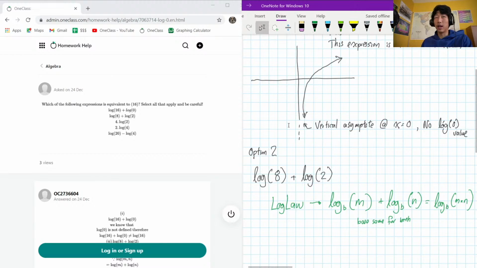So if we have two logs with the same base added together, you can take what's inside the logs and multiply them together, and that's perfectly valid and perfectly equivalent.